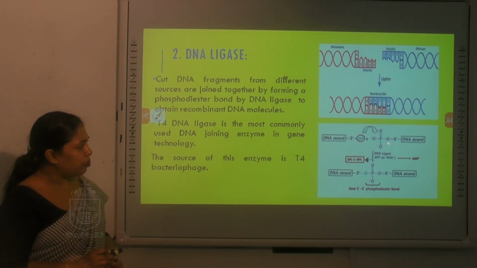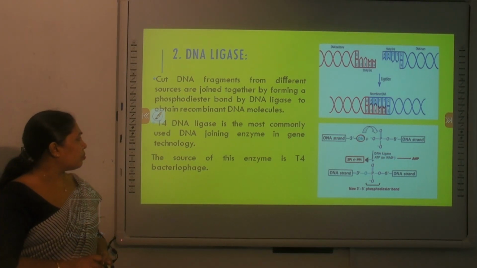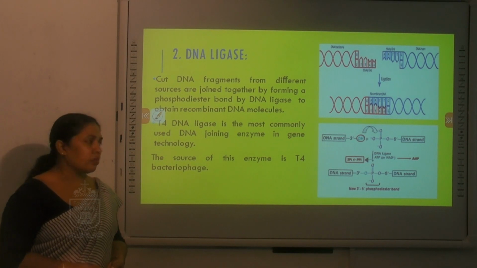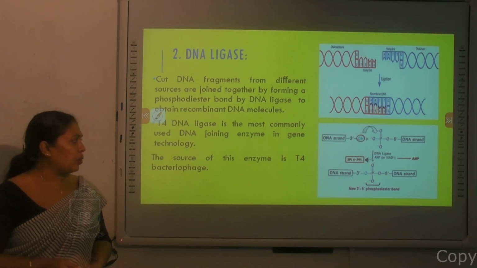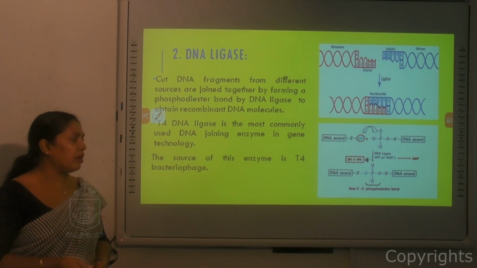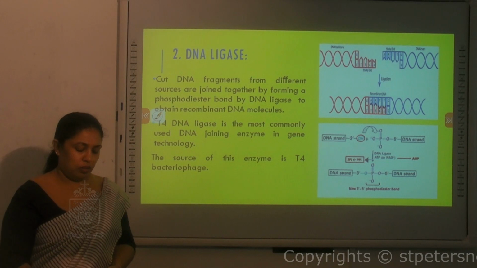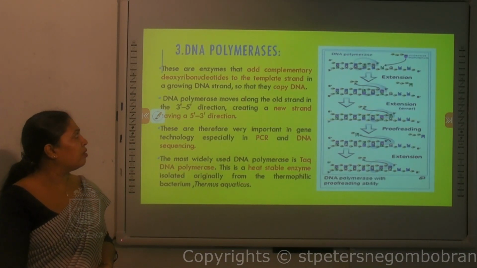And here what happens actually, it forms a phosphodiester bond. The most common DNA ligase which is used in DNA cloning is obtained from T4 bacteriophage. Most of these enzymes are obtained from bacteria or microorganisms.